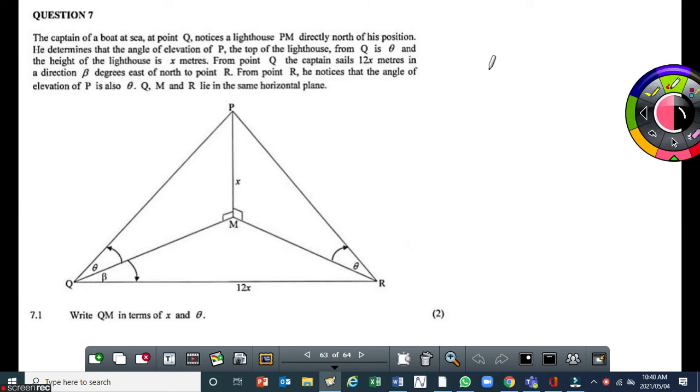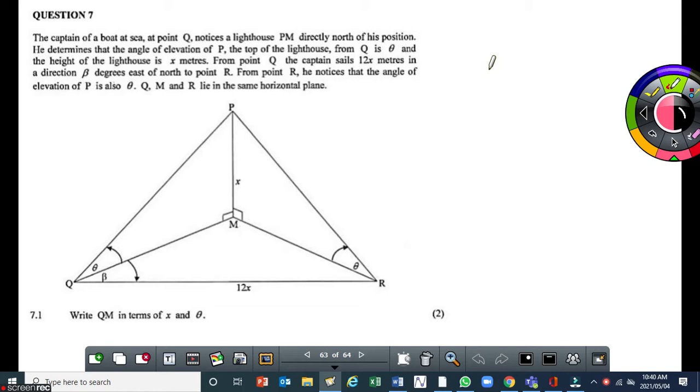It's very important for you to look at this question here. We have the word elevation, angle of elevation. You did angles of elevation and depression in grade 10. If you forgot, you might need to refresh yourself with regard to that.